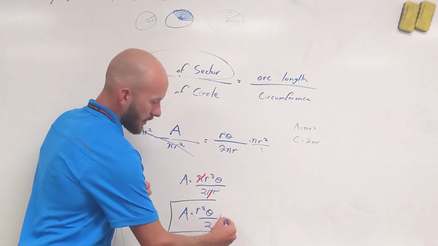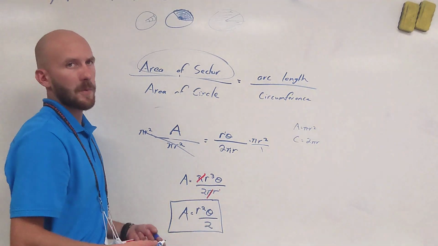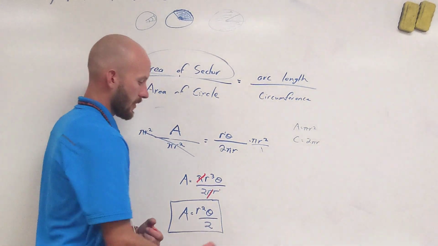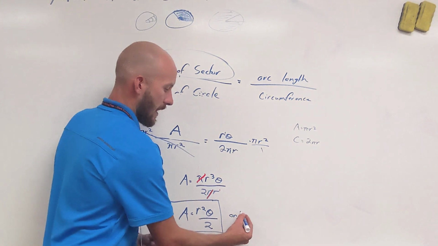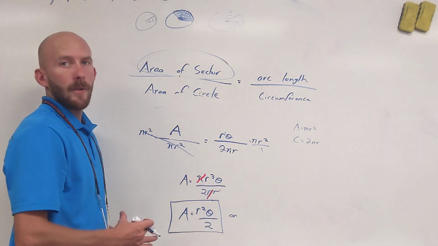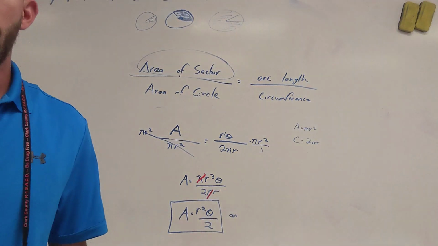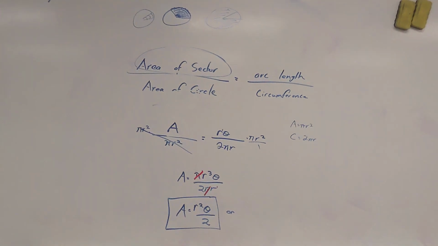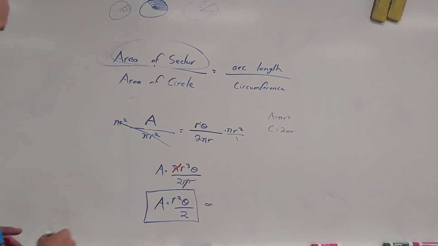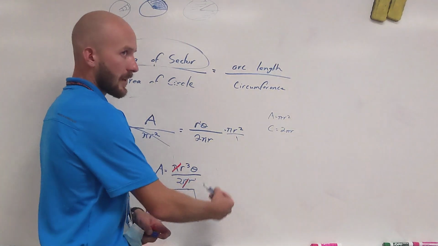And that is completely simplified. So that is our formula for the area of a sector. Now, there is another way of writing that. So this is just r squared theta divided by 2.